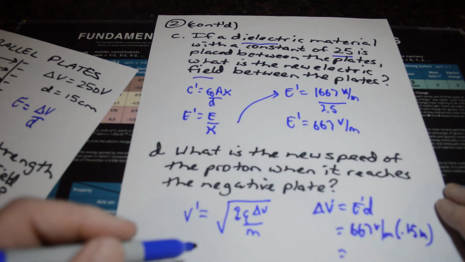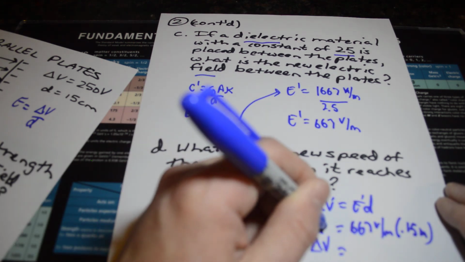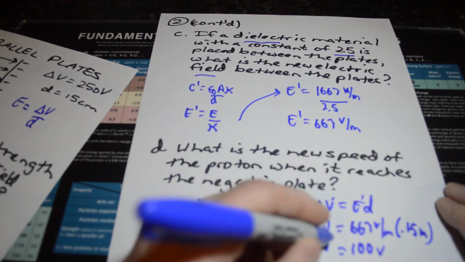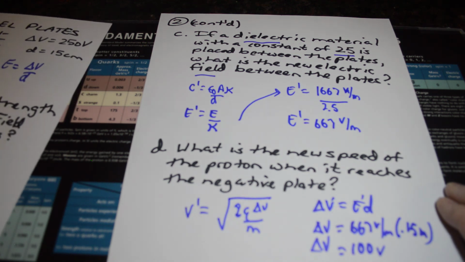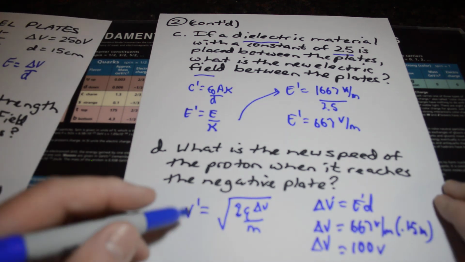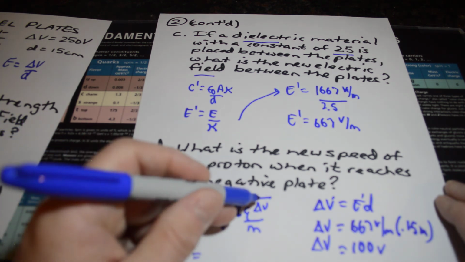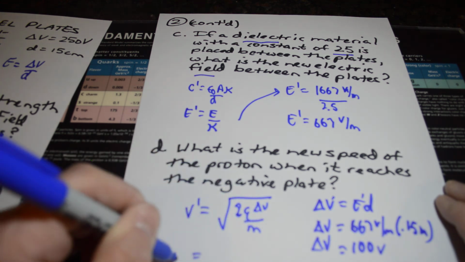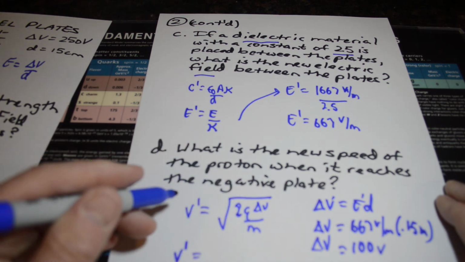So the new change in potential between the plates is now 100 volts. Instead of there being 250 volts, that has also dropped by the same factor of 2.5. And so you can just plug in 1.6 times 10 to the negative 19th for the charge, 100 volts, and 1.67 times 10 to the negative 27th for the mass of a proton.